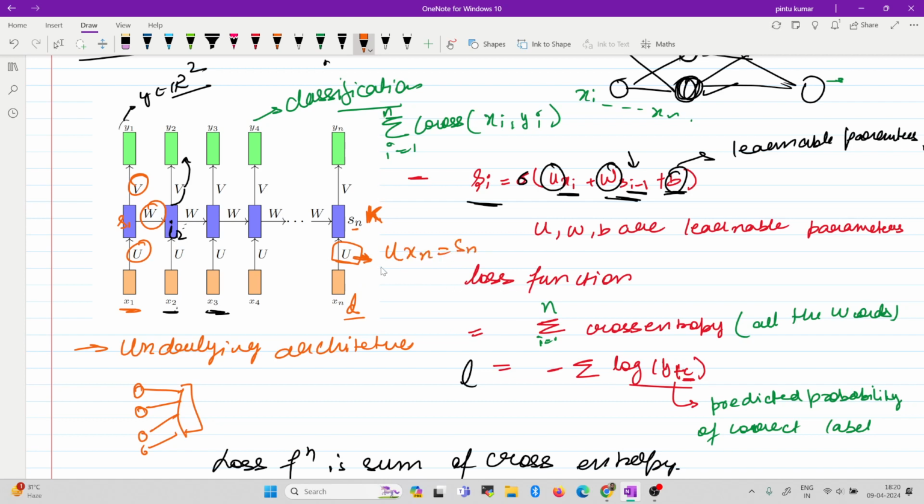So you need to find the dimension of U. This is d cross 1, this is n cross 1. So the dimension of U should be n cross d. So you have n cross d learnable parameters over here. Was I clear? Okay, sir.